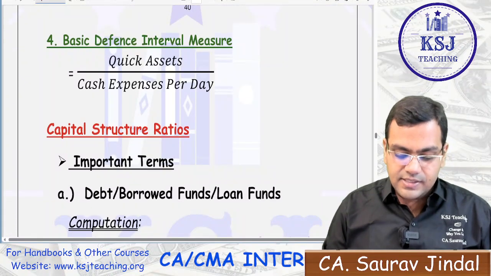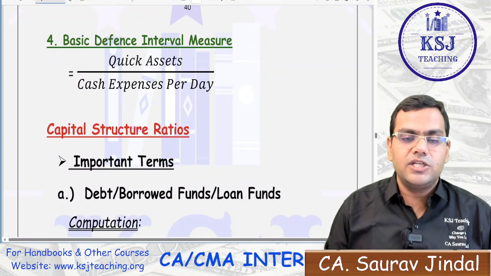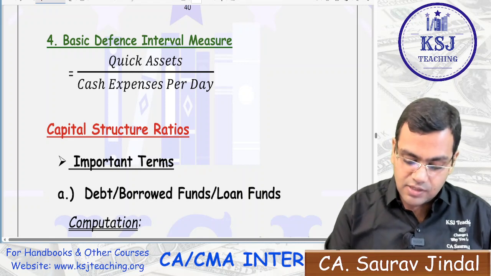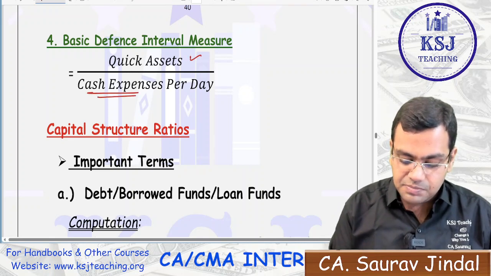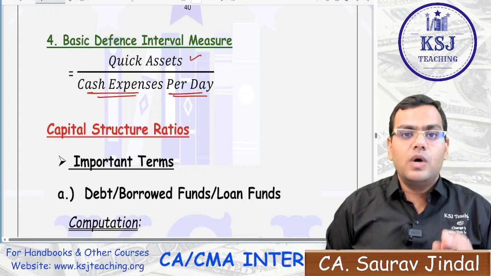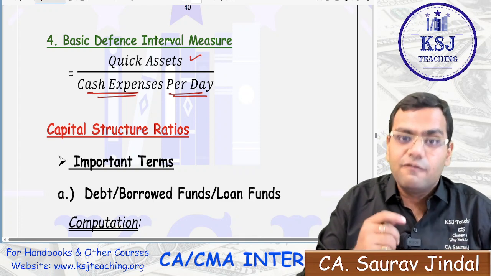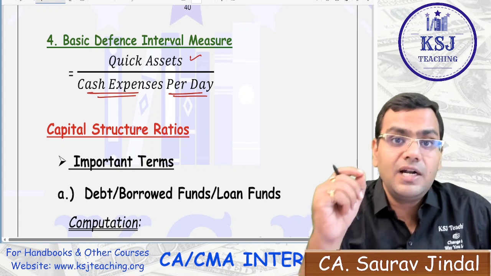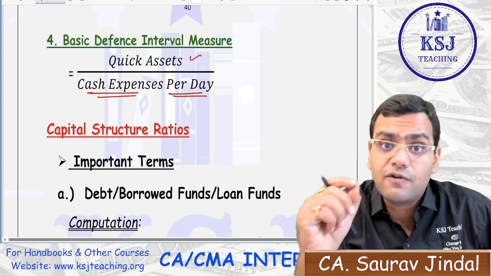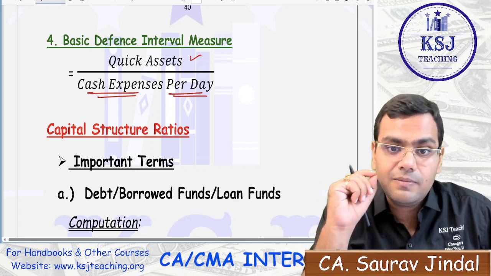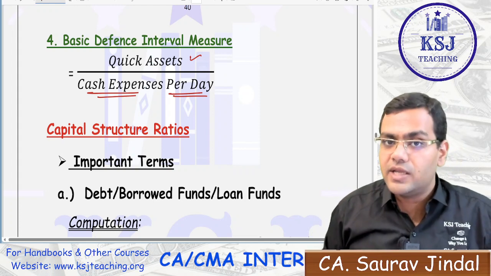Then the last one is the basic defense interval measure. The basic defense interval measure says the quick assets divided by cash expenses per day. He says that whatever the cash expenses are per day, for how many days you will be able to meet your expenses from your quick assets, from those assets which can be easily converted into cash.